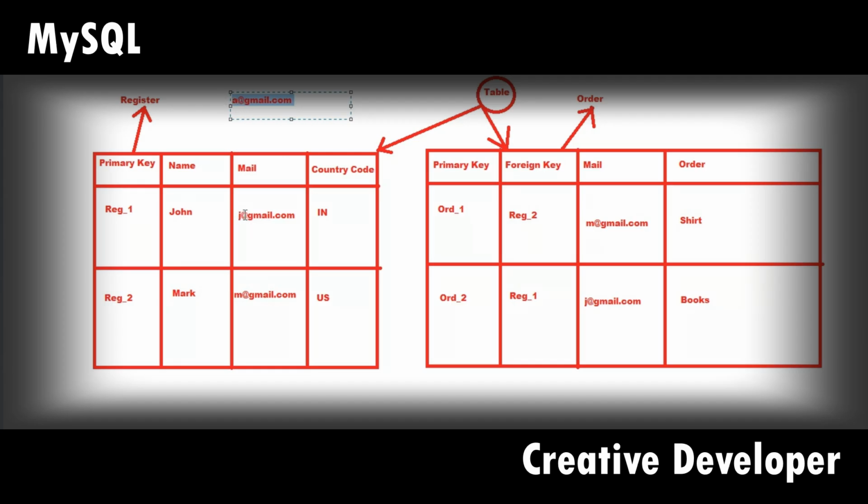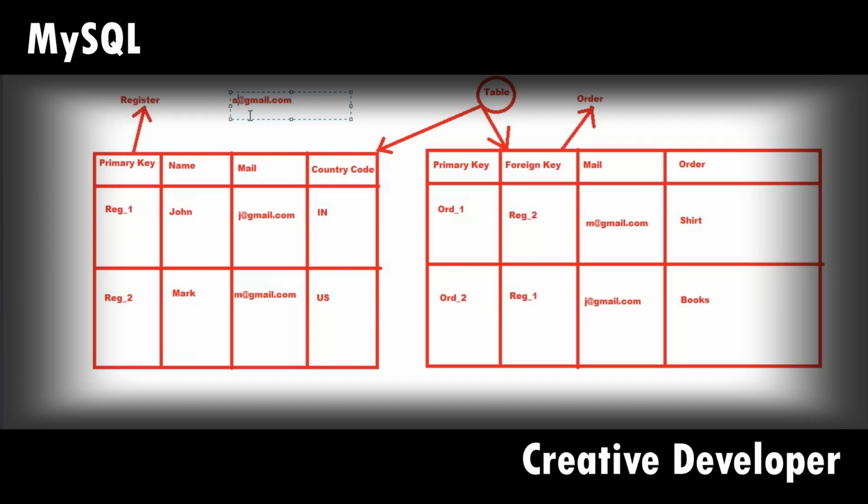Here you can see we don't have a@gmail ID. We have j@gmail.com, m@gmail.com, but we don't have a@gmail.com, right? So that time it will show invalid mail ID, because our mail ID is not registered in our register table.